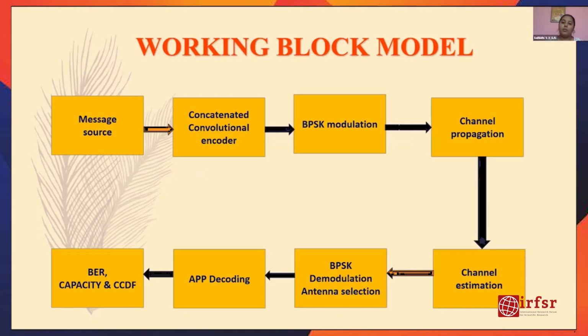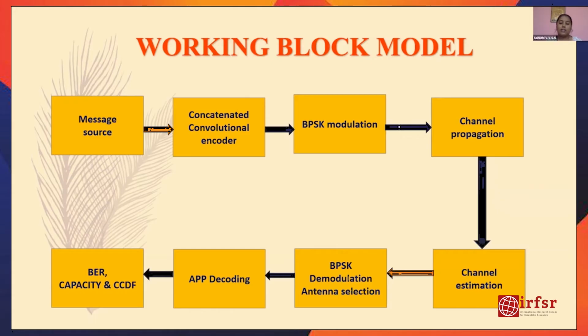So here is a working block model. I'm going to give you a brief explanation of each block. For the message source, we give an input of around 1,60,000 bits, and then we encode it. Encoding is a process where we change the common message into a binary message.